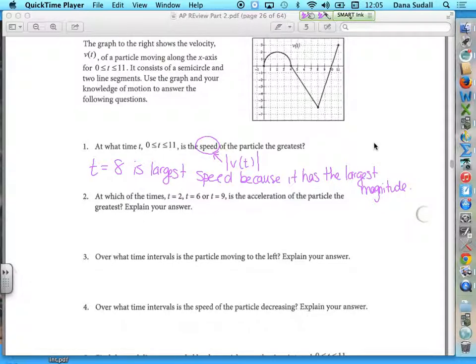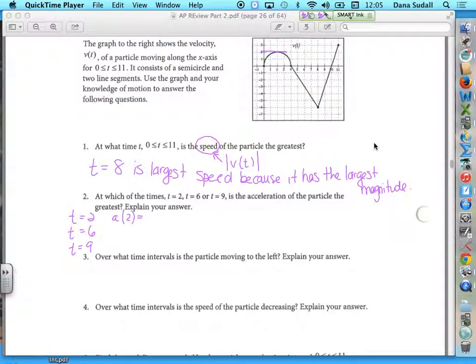Okay. And then for number 2, at the times 2, 6, and 9, at which is the acceleration of the particle the greatest? So if I look at these 3 values, t equals 2, t equals 6, t equals 9, and find the acceleration at those values, I'm looking at the velocity graph, so the acceleration is going to be the slope of the tangent line.